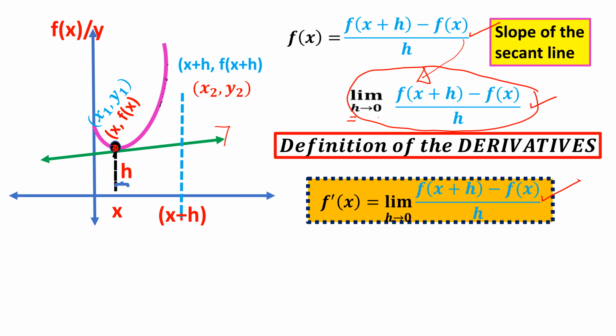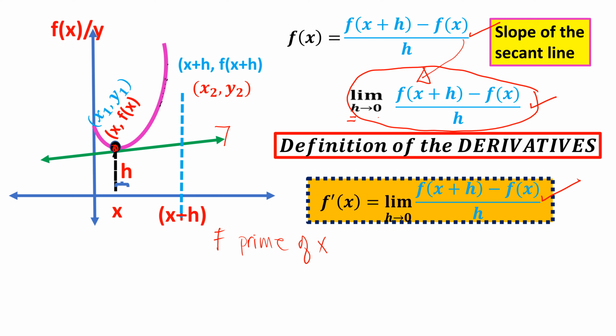This is said to be f prime of x, or the derivative of f, is equal to f of x plus h minus f of x over h, as the limit h approaching 0.